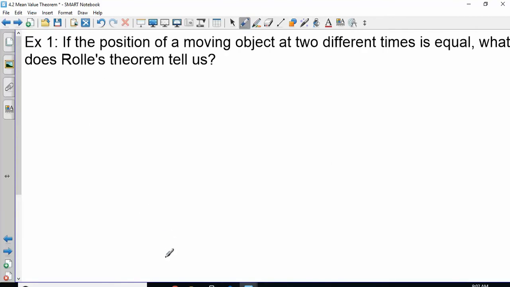Alright. So here's a question. If the position of a moving object at two different times is equal, what does Rolle's theorem tell us? Okay, so you have some kind of moving object, like, let's say one of my kids' remote control cars. If it starts here and at some point it is back here, what does that tell us?